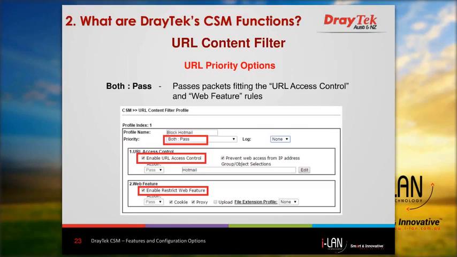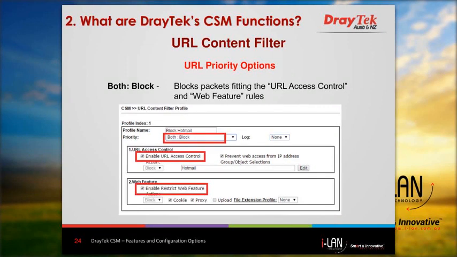So if both pass is selected, then the data packets will be passed if it matches the criteria of both URL access control and web feature rules. If any data packets are not matched, then the website will be blocked.